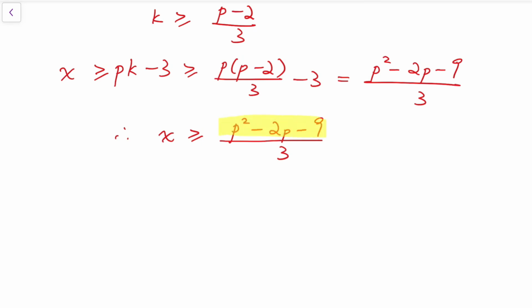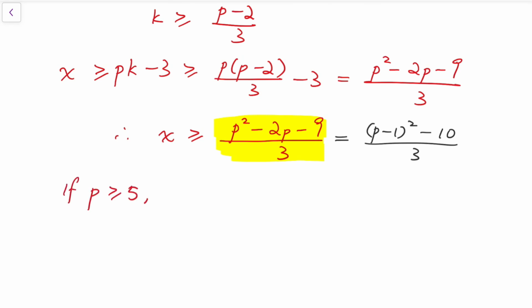So why don't we only focus on the cases which make (p squared minus 2p minus 9) all divided by 3 a positive number. Indeed, if I rewrite this as ((p minus 1) all squared minus 10) all divided by 3, then this expression will be positive for all primes starting from 5.